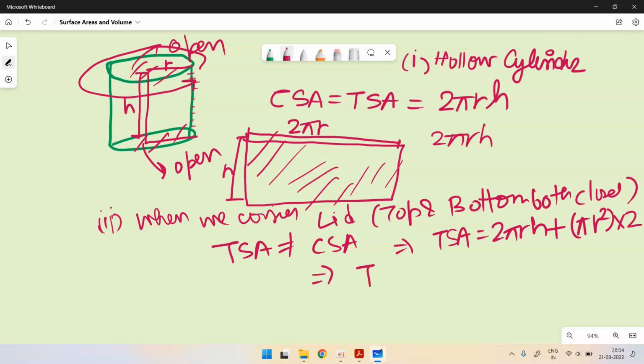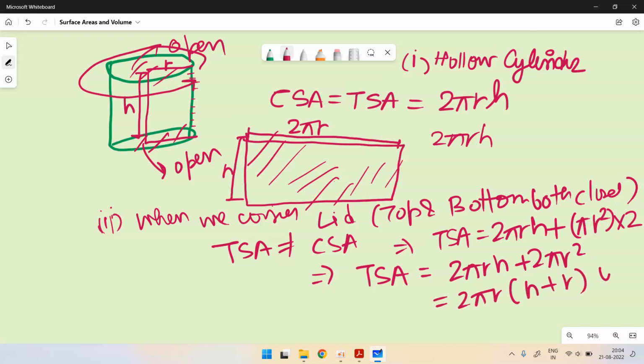Like that, total surface area will be 2 pi r h plus 2 pi r square equals 2 pi r (h plus r) unit square. Never forget to write this, because 1 mark or half a mark will always be deducted in the examination if you do not mention the units.